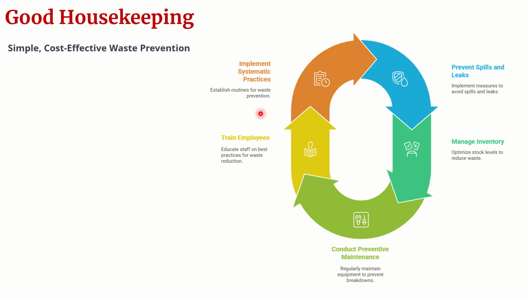It means implementing systematic and disciplined practices to prevent leaks, spillage of material or contamination, and inefficient use of resources. It also involves inventory management, implementing first in, first out in order to prevent material expiration, optimizing the storage conditions, and reducing the excessive inventory.